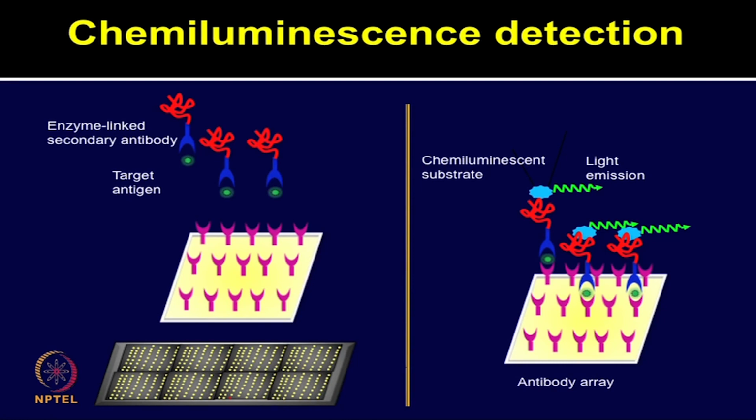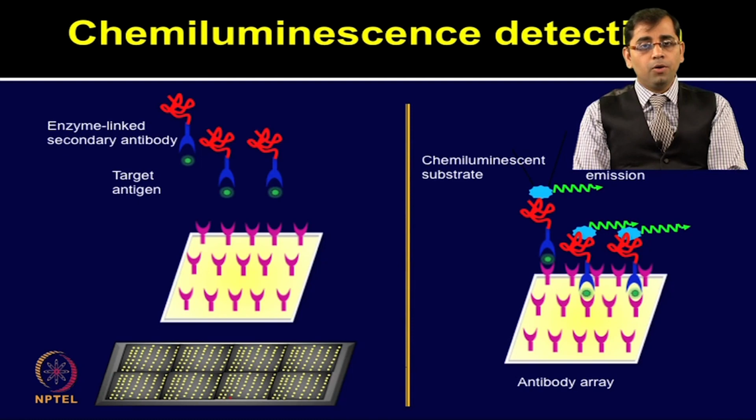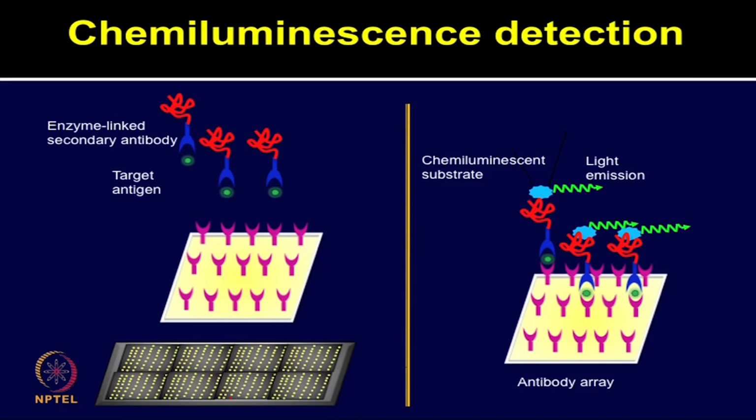The excess antibody, which is unbound, can be washed off, and the chemiluminescent substrate is added, which reacts with enzyme and emits the light signal. Let us watch this animation on chemiluminescence detection system to understand its concept and mechanisms.